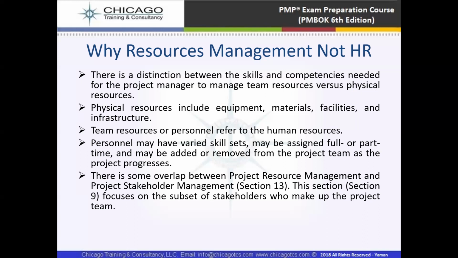And the team resources are personnel, or the human resources, those who have skills and who have tools and techniques. We can add personnel or human resources to the project, and we can remove them at any particular time in the project. So there is just an overlap between project resource management and project stakeholder management. So the section is subdivided again to those who make up the project team.